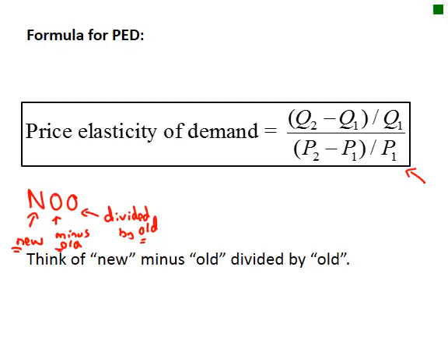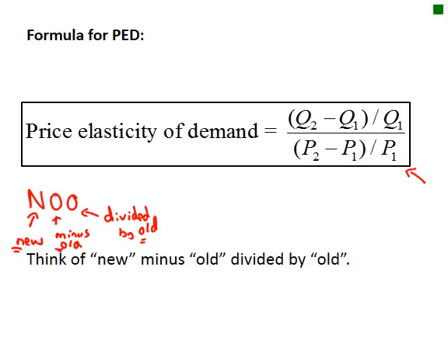So to help you remember this formula of Q2 minus Q1 divided by Q1 and P2 minus P1 divided by P1, I ask you to think of what sound does a cow make. Obviously it is moo. So what I like to tell students is imagine that we have a new imaginary animal that makes the sound new.